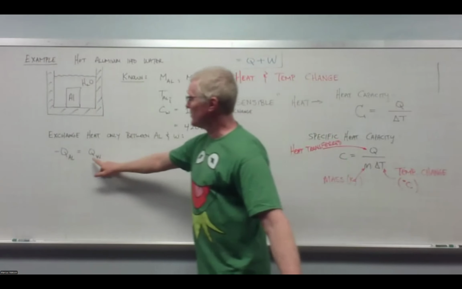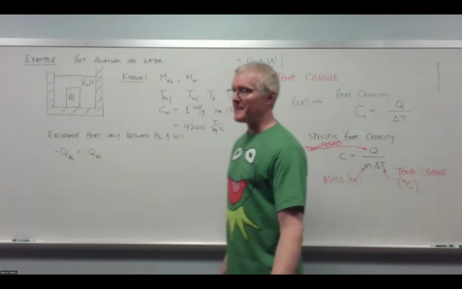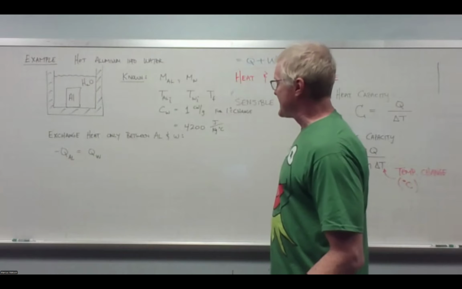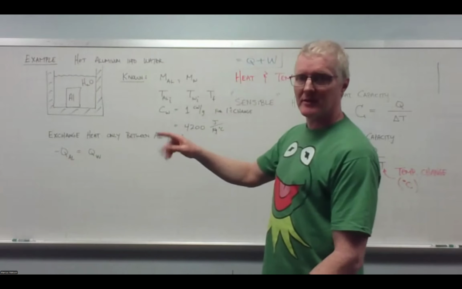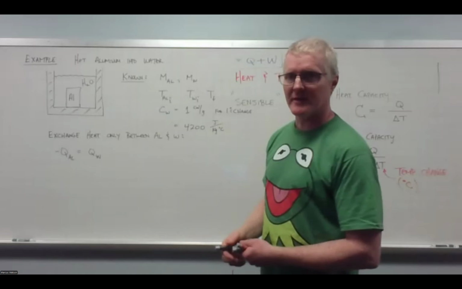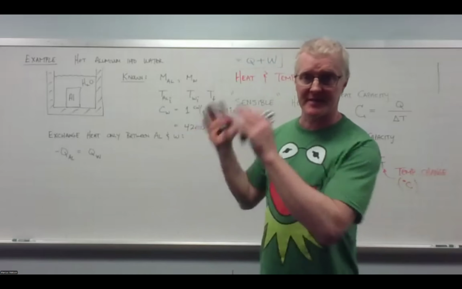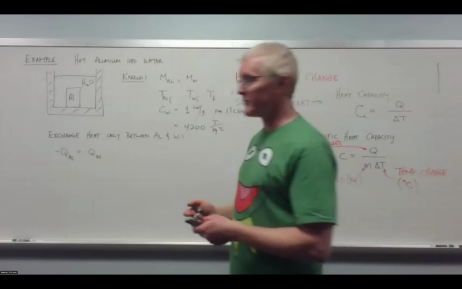And so in order to make the Q from the water positive, I just got to have a negative in here. Since the Q of aluminum itself is going to be negative, there's a negative involved there. The other option for this is to just forget all the negative signs and put absolute value bars. That'll work too.